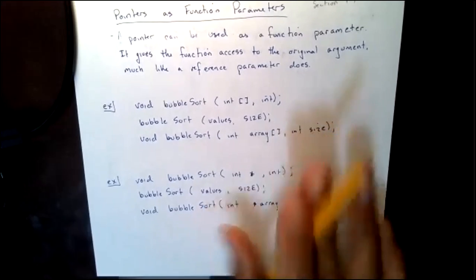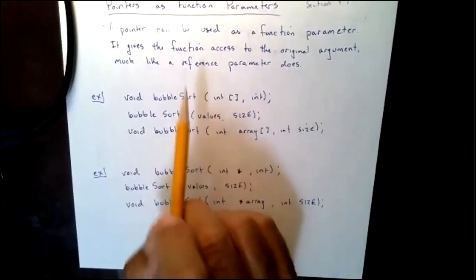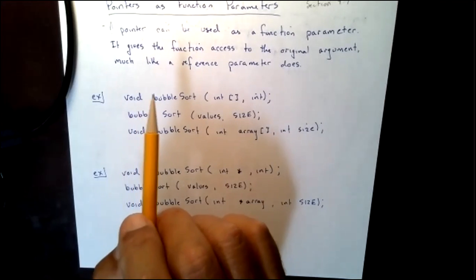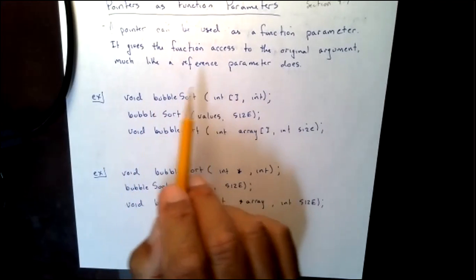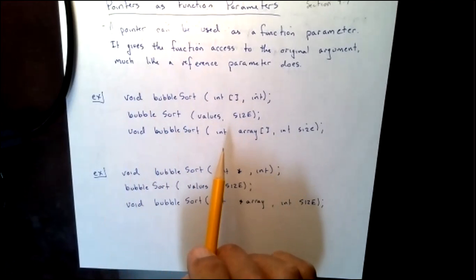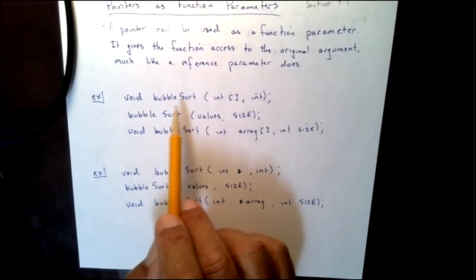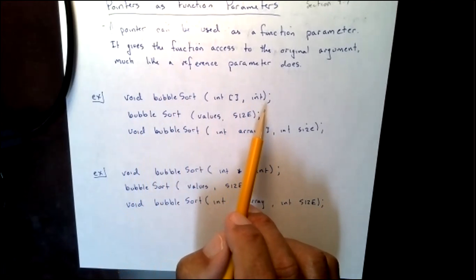Taking a quick look, kind of a review, is the first program I asked you to write, which you had to write with arrays. Say you grabbed the bubble sort, and my prototype for bubble sort was void bubble sort, and so on.